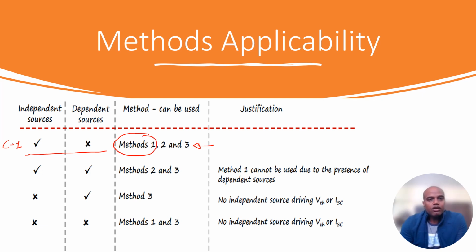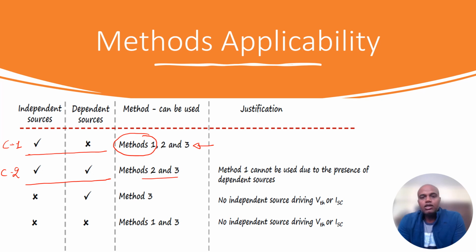If we have both kinds of sources in the circuit, dependent as well as independent, then only method 2 and method 3 are applicable to find RTH. Method 1 we cannot apply, where we have to replace all the sources by their internal resistance, so it is not applicable for dependent sources. Why so?